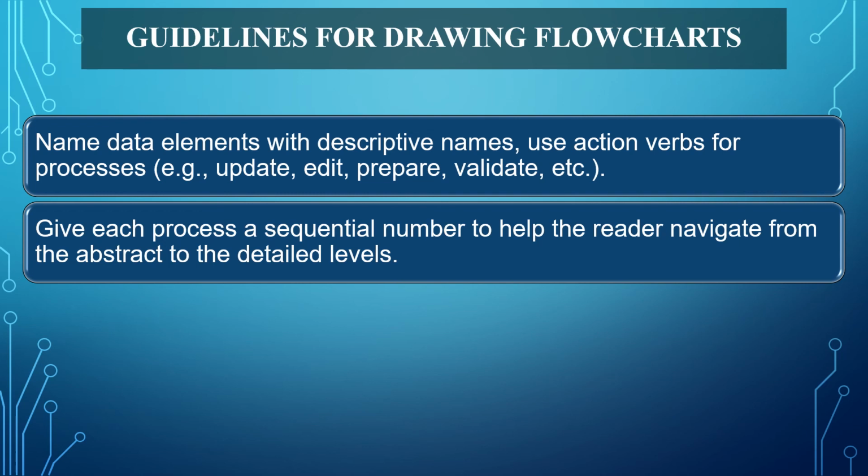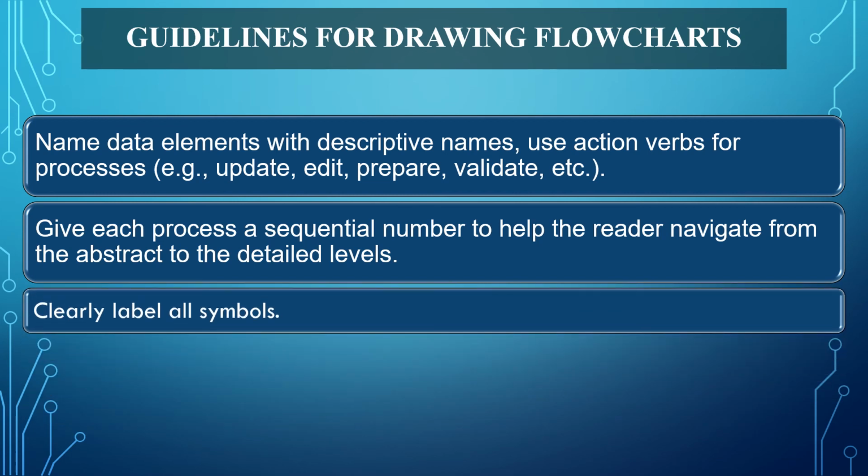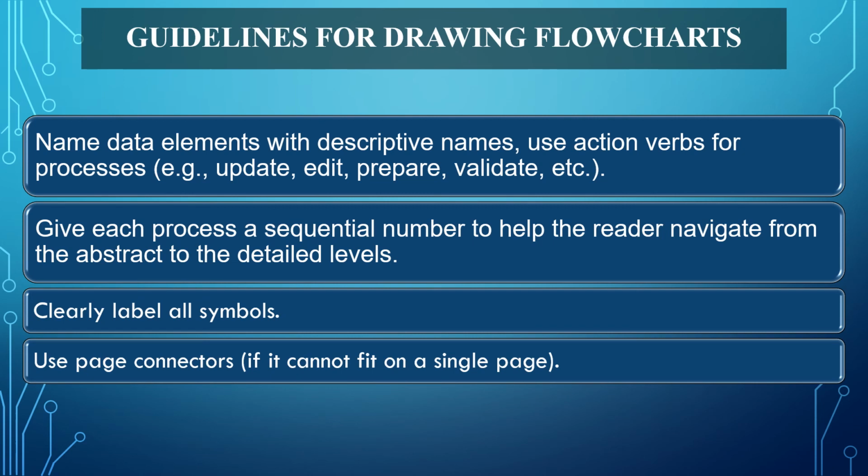And remember, the symbol we use for the process is the circle. So you can put the number inside the circle, at the top, before writing the name of that process. And then clearly label all symbols. Use page connectors. If you need to use a second page, you use a small circle to connect to the other page.